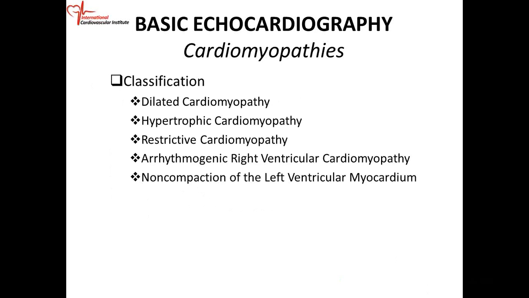So the different classes of cardiomyopathies that we're going to look at: dilated cardiomyopathy, where the heart is enlarged, usually the LV, and as a result you have a reduction in the ejection fraction. We're also going to look at hypertrophic cardiomyopathy, where the heart muscle is thickened, and initially they will have diastolic dysfunction, and they can also develop systolic dysfunction as well.